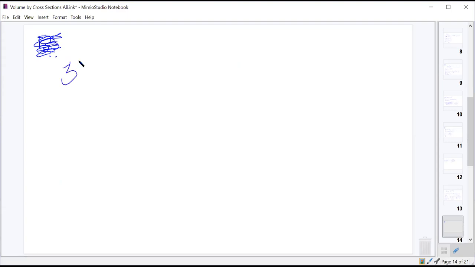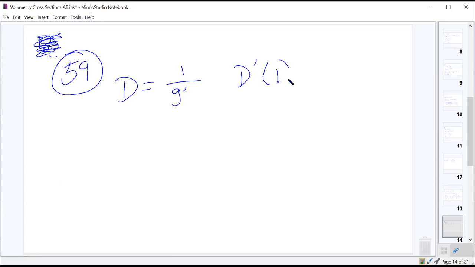We've got 59. There's a chart here that we're going to have to reference, but I'm going to write out what the problem says. We've got D equals 1 over G prime, and it wants us to find D prime of 1. I'm going to keep the book here because I need the chart.